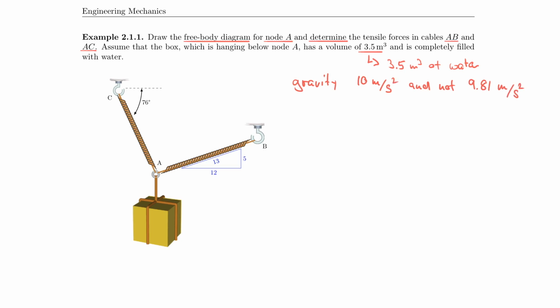So this is different from your physics class that you used before, but this would be too precise for engineers, at least when we look at structures, because we're really pretending a precision that we don't have. And the 10 meters per second square is always on the conservative side. So if we use this, the 10 meters per second square, we remember that 1 liter of water is equal to 1 kilogram.